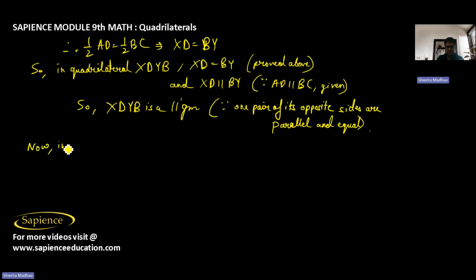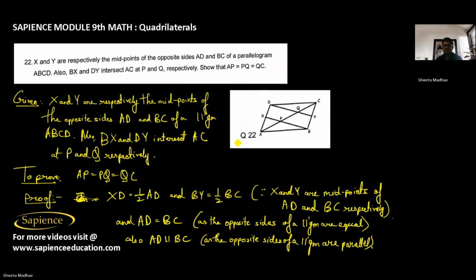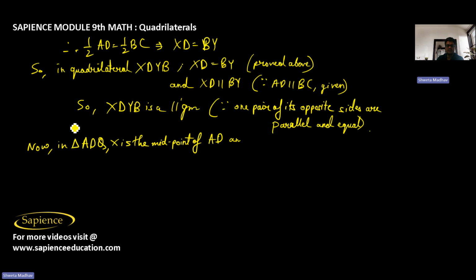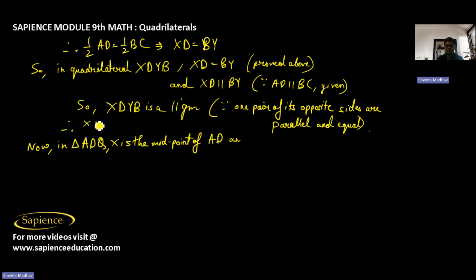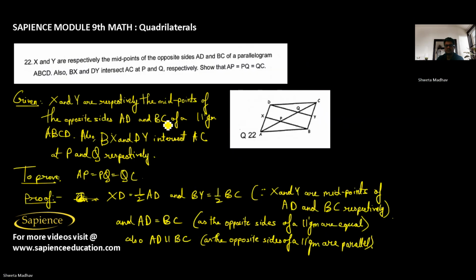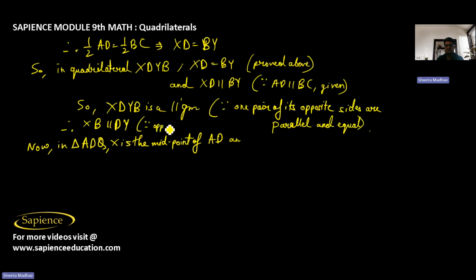Now we can see that in triangle ADQ, X is the midpoint of AD, which is given. Since XDYB is a parallelogram, XB is parallel to DY, since opposite sides of a parallelogram are parallel.